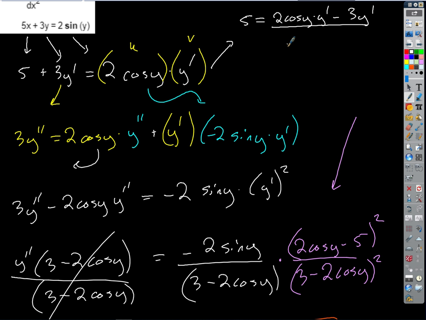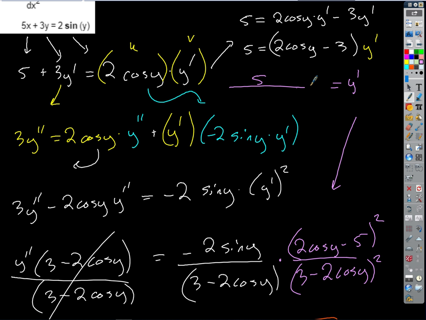that's it. Everybody agree? I'm just subtracting this over to this side, okay? Let's factor out a y prime. Right? And then just divide each side by this. Right? And so we end up with y prime equals 5 divided by that.